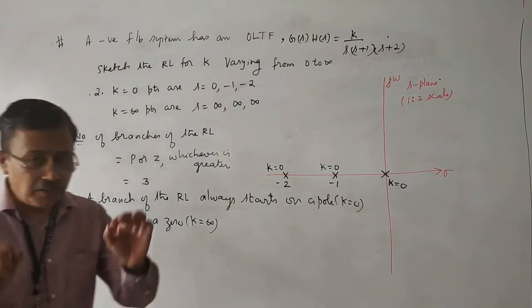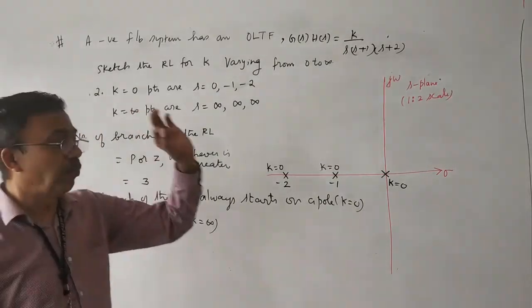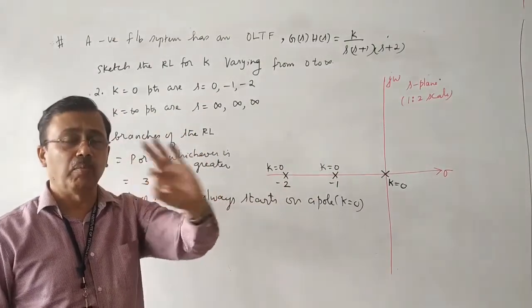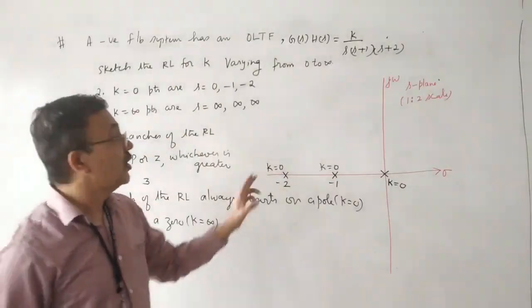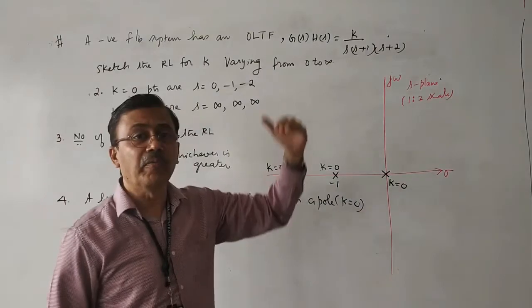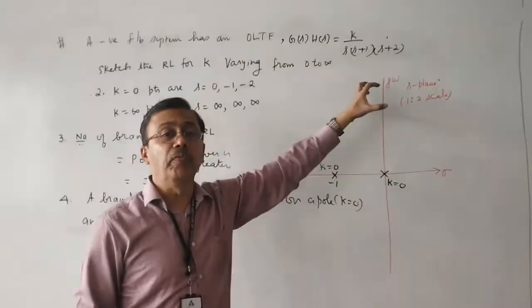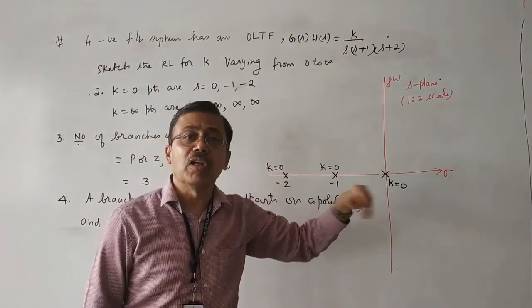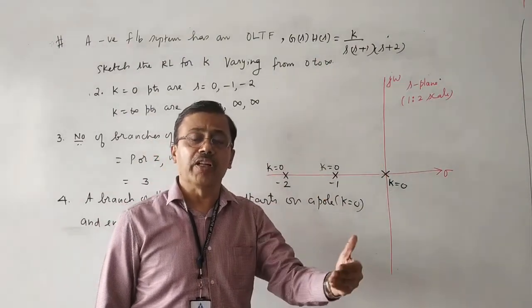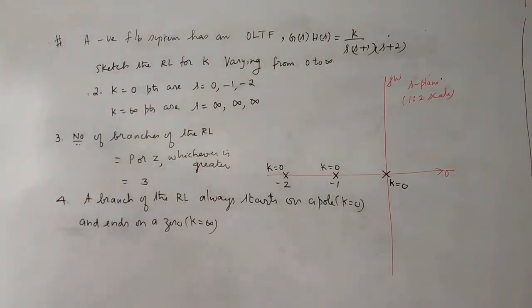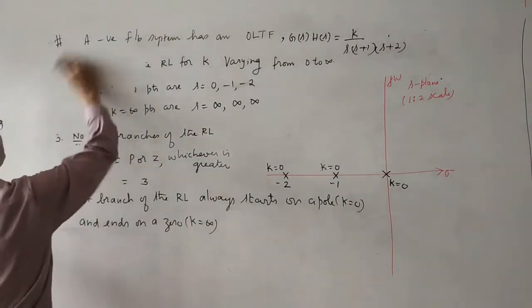Therefore, for a branch to be formed, there must be a pole and a zero. The branch will always start on a pole and end on a zero. Here there are 3 zeros which are at infinity. Therefore, these poles have to go to infinity to meet these zeros. How will they go to infinity? For that, they require asymptotes. So, next step is finding the characteristics of the asymptotes.